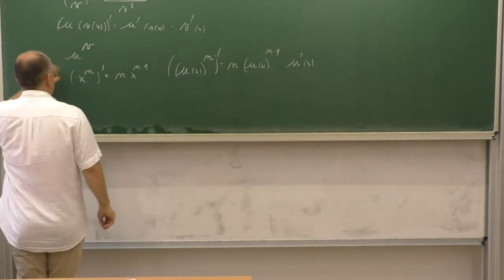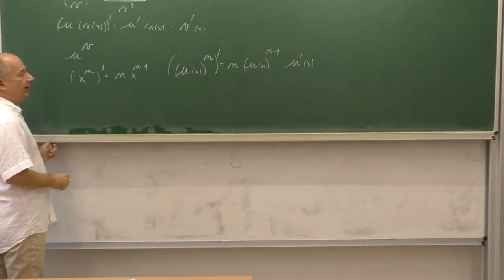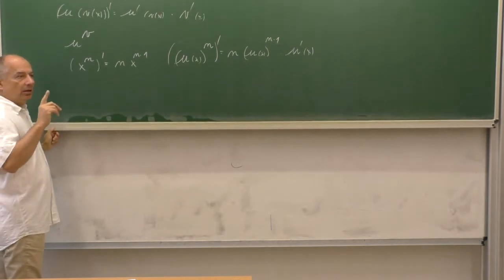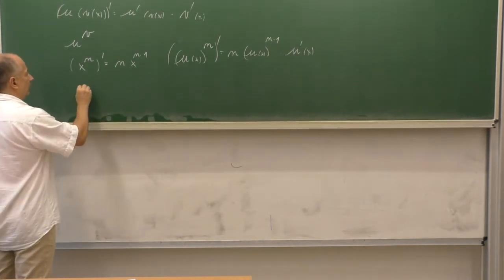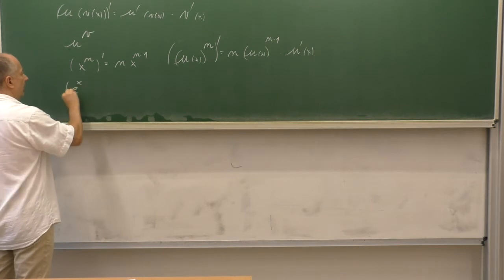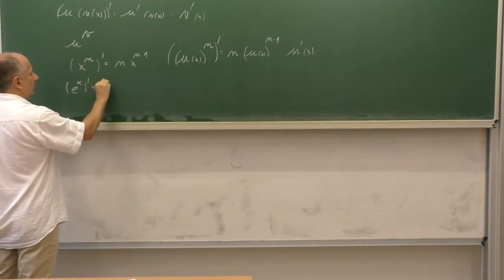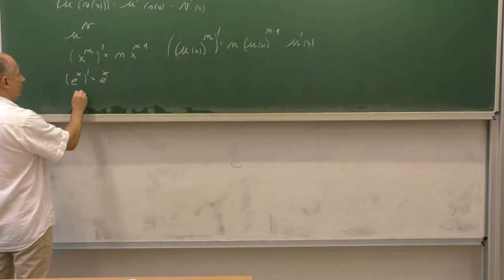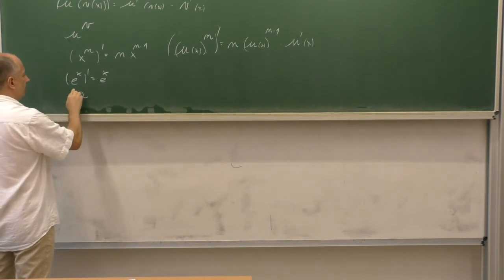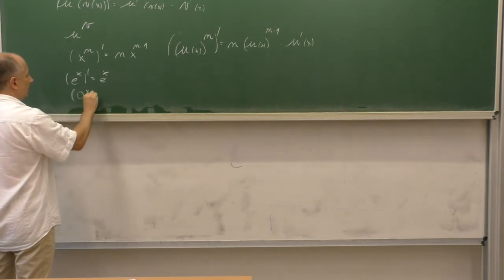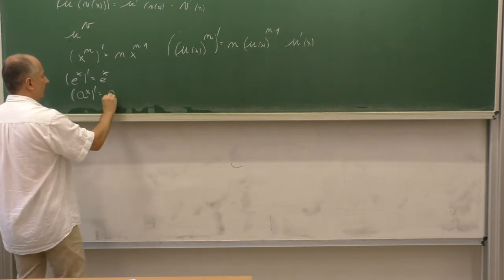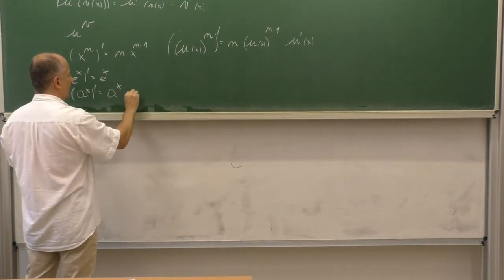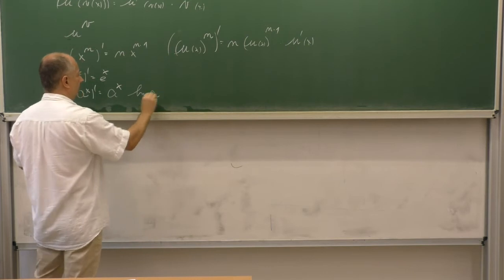And also, this is different from the case when the base is constant. We have seen that e to x derivative is e to x. We have seen that the general base a to the power of x derivative is this function a to x times logarithm of a.